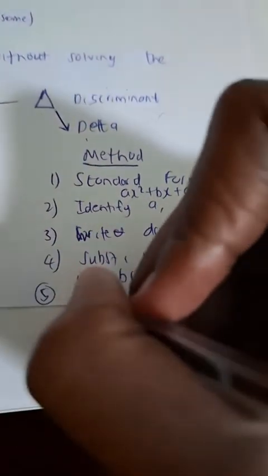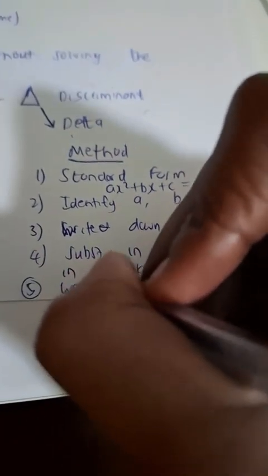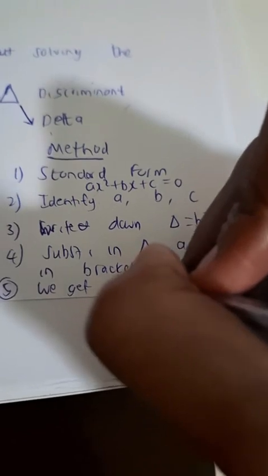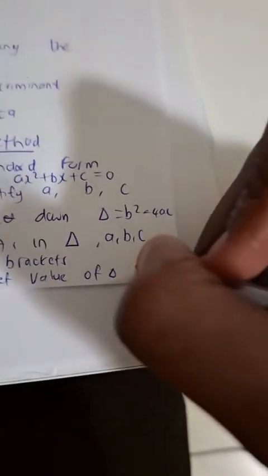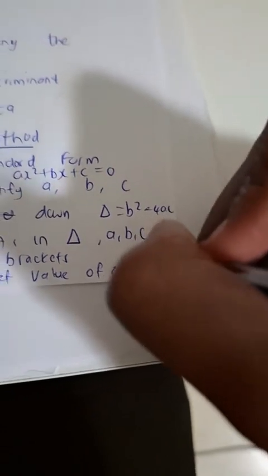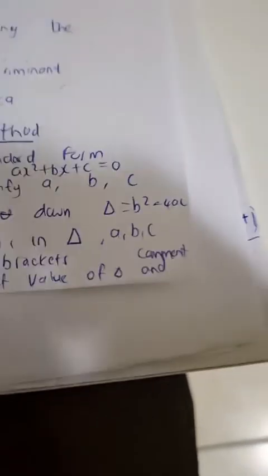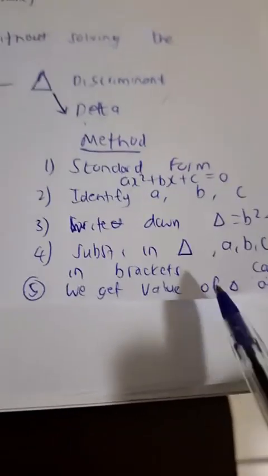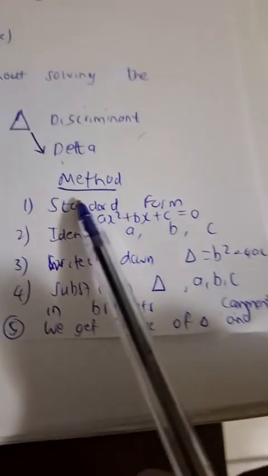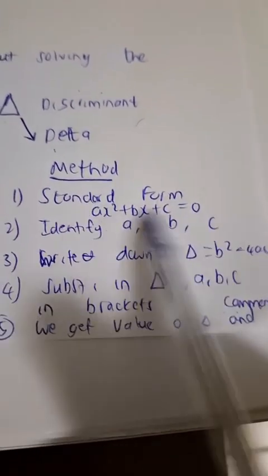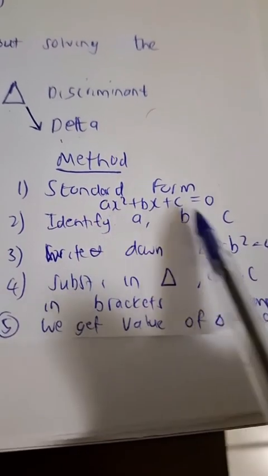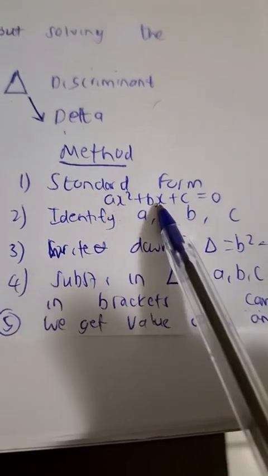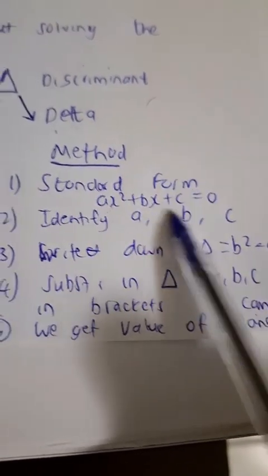Step five, we get the value of delta and we comment on it. So with this method, guys: one, write the equation in standard form. Two, identify our values a, b, and c, meaning the coefficient of x squared, the coefficient of x, and the constant term.